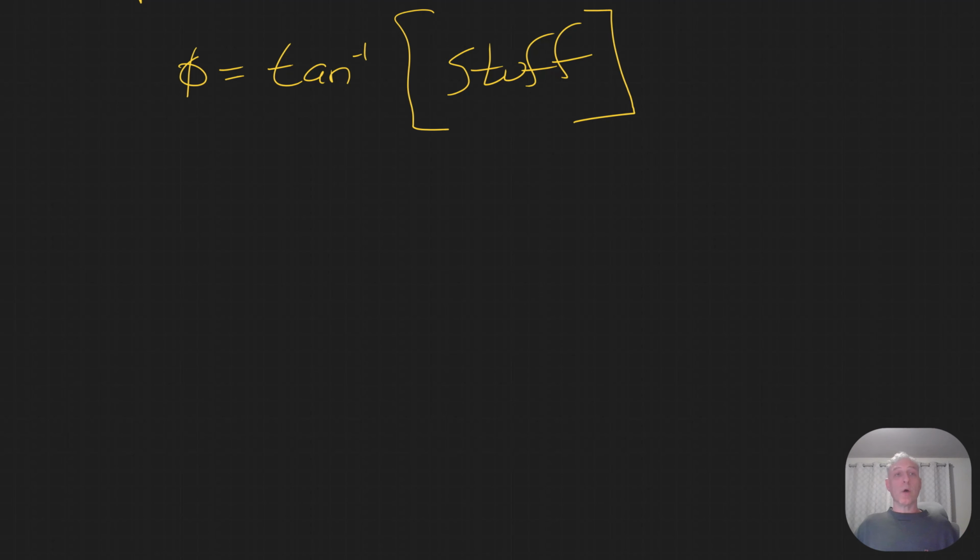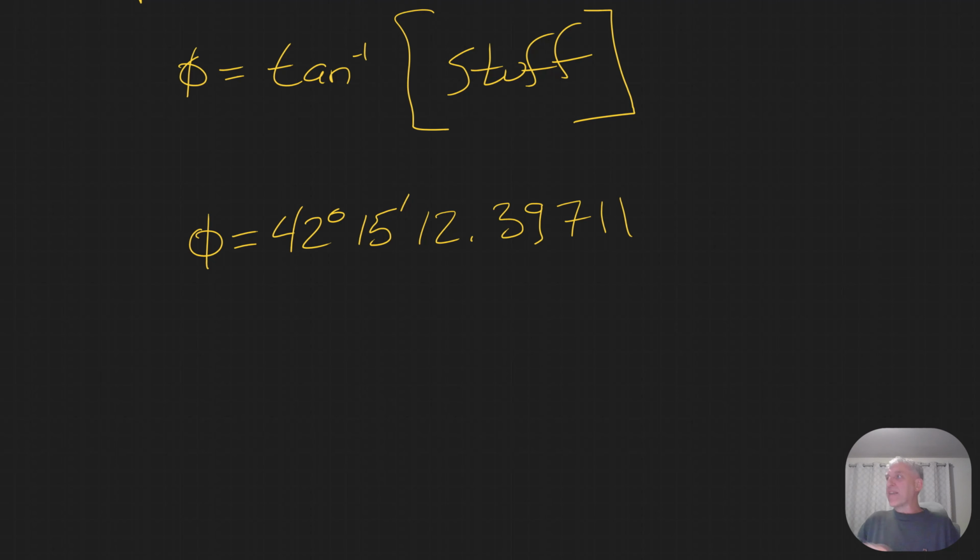And if I just plug in those GRS80 parameters along with the XYZ coordinates, I would get phi is equal to 42 degrees, 15 minutes, and 12 seconds. Well, 12 point. It's helpful in these iterative processes to carry the decimal places out quite a ways. I think 5 decimal places is sufficient for the latitude because you want to be able to see the change as you go through the iterative process.